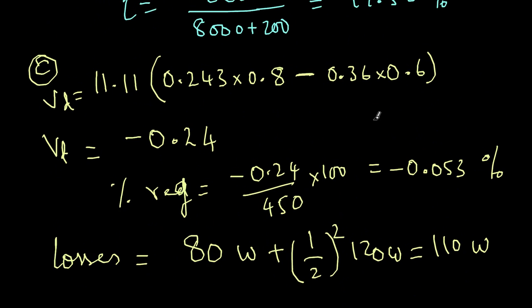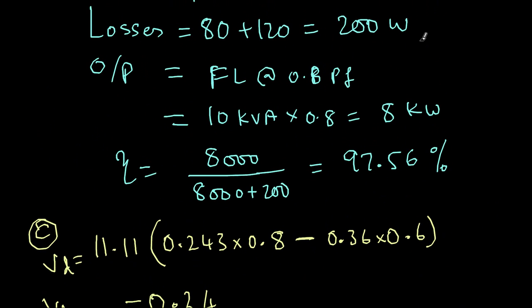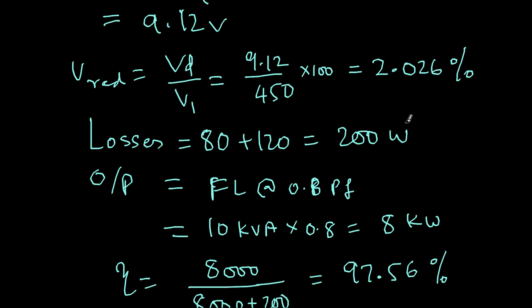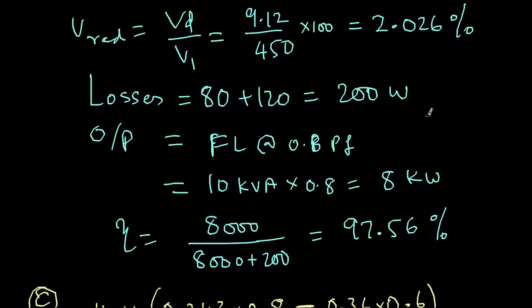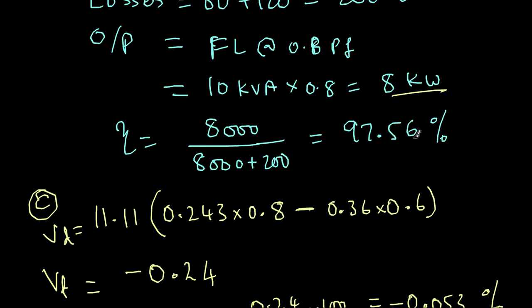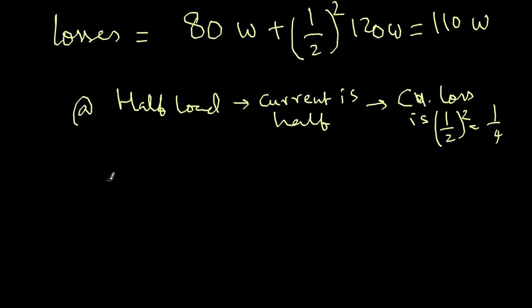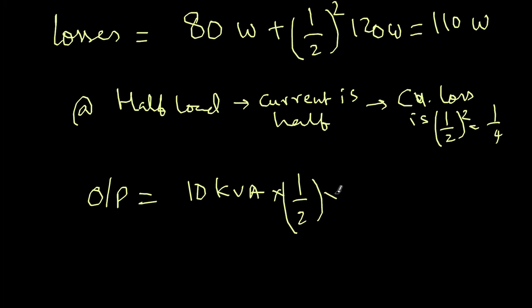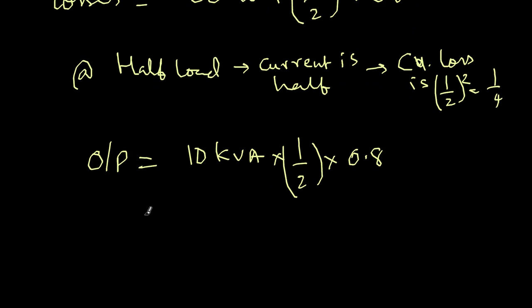At full load, the output power was 8 kilowatts, as we did previously. At half load and 0.8 power factor, the output will be half of that, that is 4 kilowatts. That is 10 kVA multiplied by half multiplied by power factor 0.8, so that will be 4000 watts.